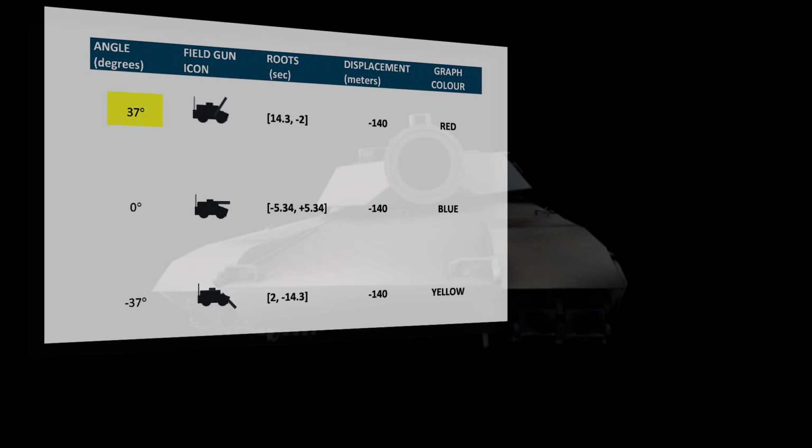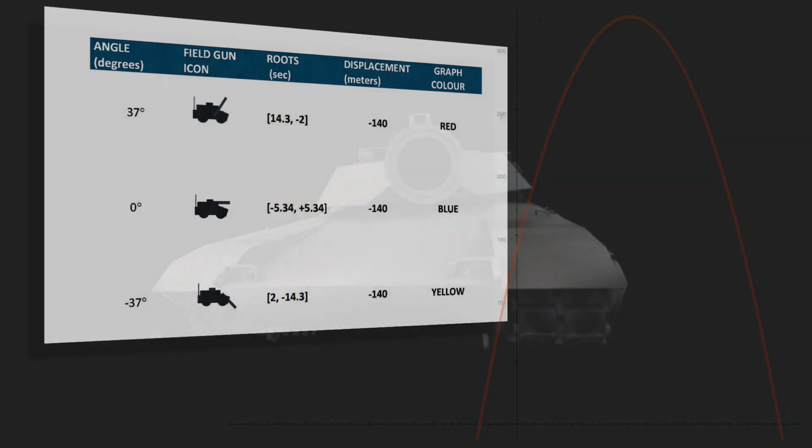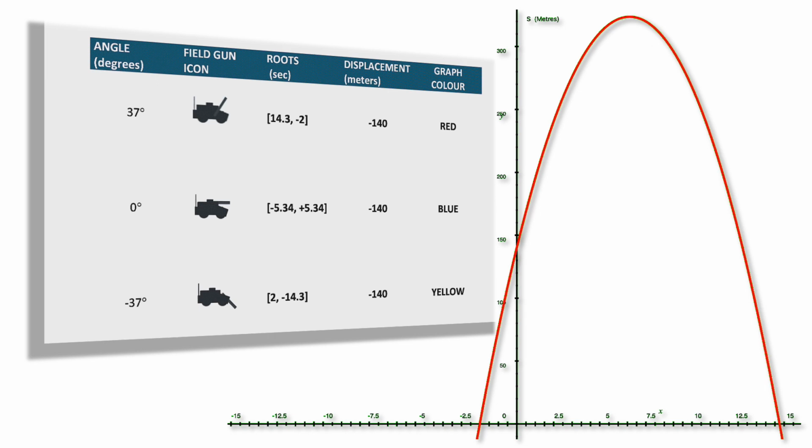For each of the trajectories, plus 37, 0, negative 37, there is an associated parabola whose roots and y-intercept are shown rounded off in the table. Notice that only the positive section of the parabola is used for modelling projectile motion close to the Earth's surface.